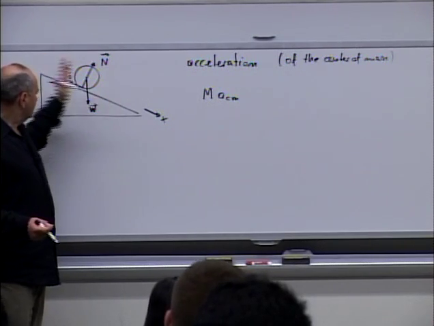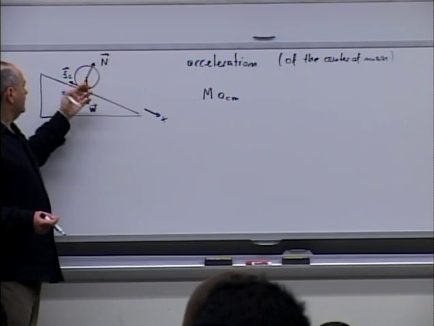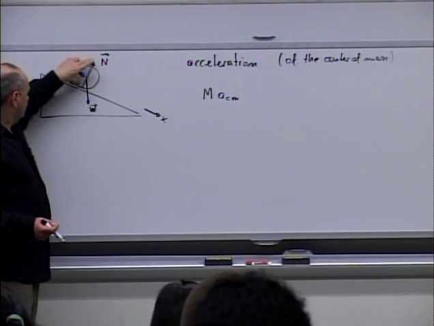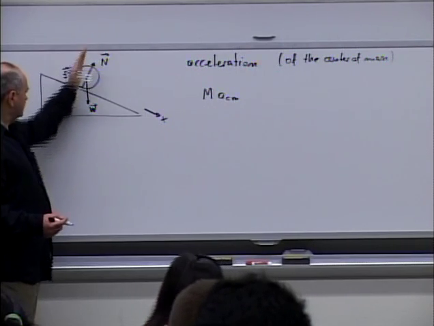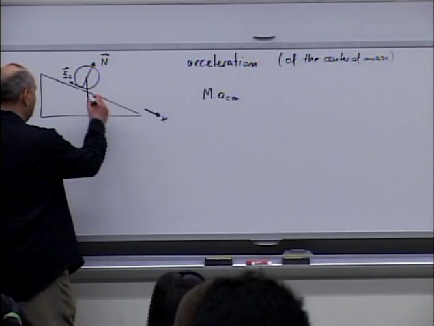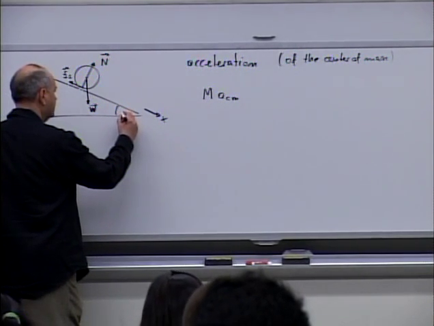I have a trivial relationship between normal force and weight, because since this component of acceleration is 0, I can write down, let's say that this angle over here is theta.